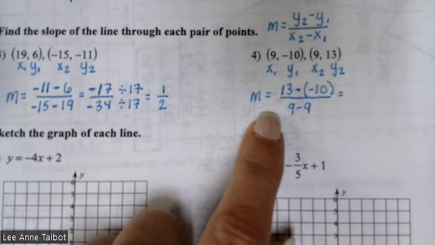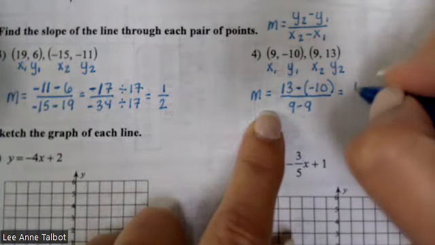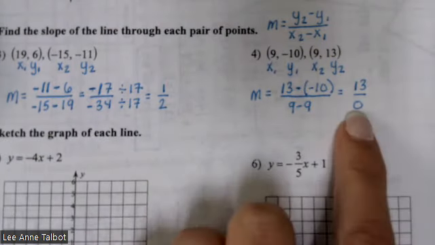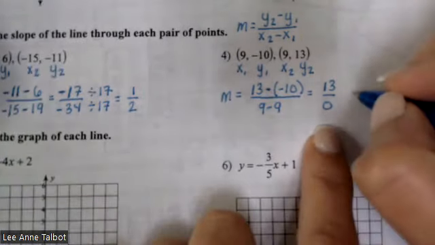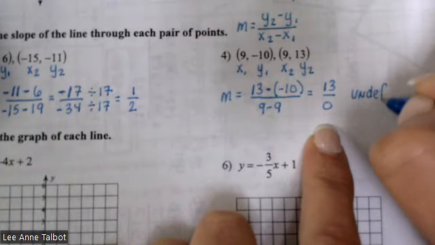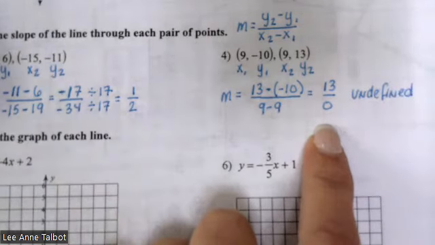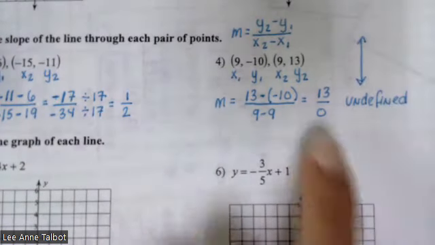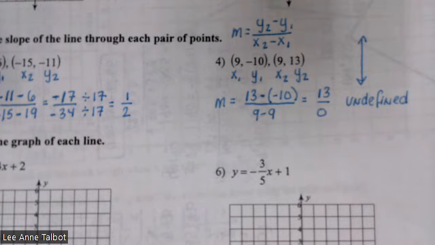Mike? Yes. So 13 over 0. Okay, you cannot divide by 0. So this is undefined. And what this means is those two dots, if you connected them with a ruler, would make a vertical line.